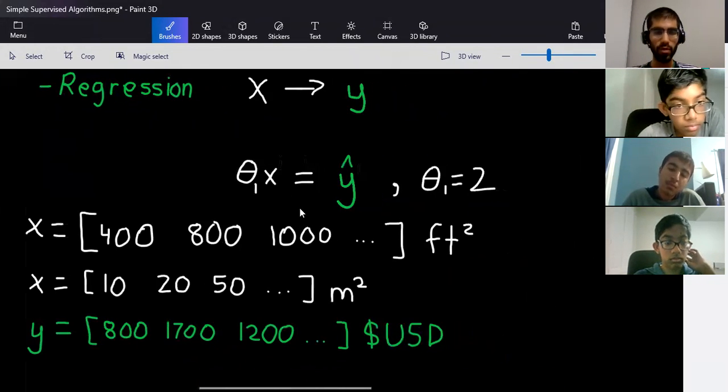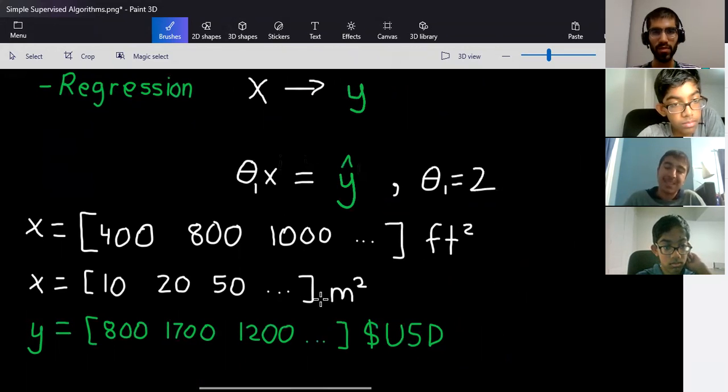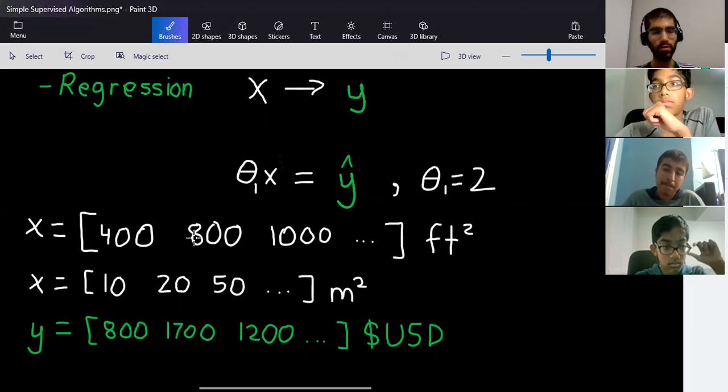I just want to point out a quick problem here. This is often a problem when it comes to regression, which is that, let's say, in the US, you're measuring these input data in square feet, and in the rest of the world, you're measuring in square meters. Well, if you go and train a data value like 2, yeah, that works if we have square feet values, okay, 400 times 2, that's $800 per month.